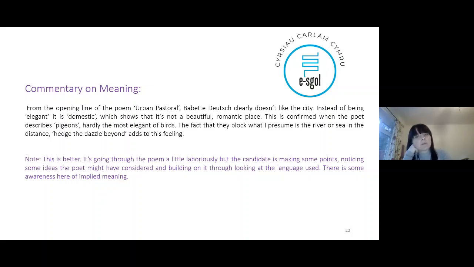Okay, it is going through the poem, but it's a little bit stunted, point by point as opposed to any fluency. The candidate is making some points, noticing some ideas that the poet might have considered when writing, and attempts to build on it looking at language. Okay, so just the zooming in of the domestic, looking at the hedge, the dazzle, beyond.